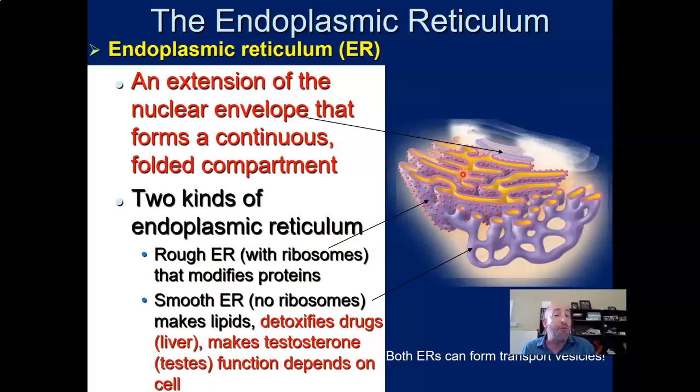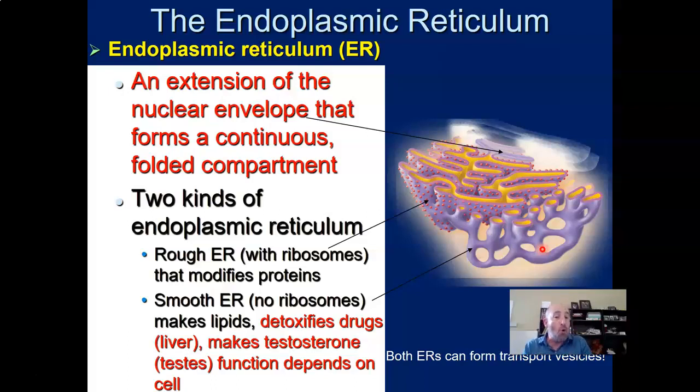And the function of rough ER is to modify proteins. And what I mean by that, it adds molecules to proteins. Okay, we're going to talk a little bit more about that when we talk about the making of proteins, which is in chapter 11. Okay, but the rough ER's function is to modify proteins. Now, the second type of endoplasmic reticulum, and you can shorten it as ER, is smooth endoplasmic reticulum, or smooth ER.